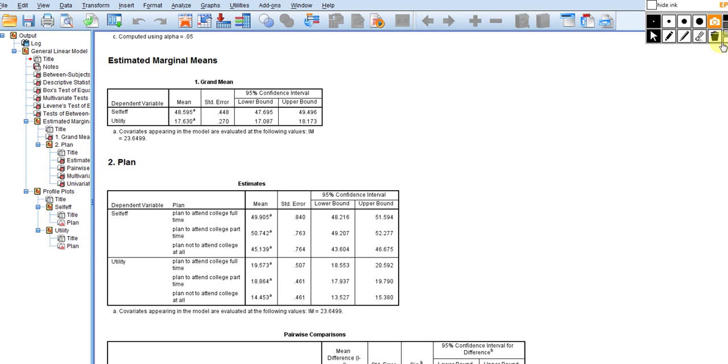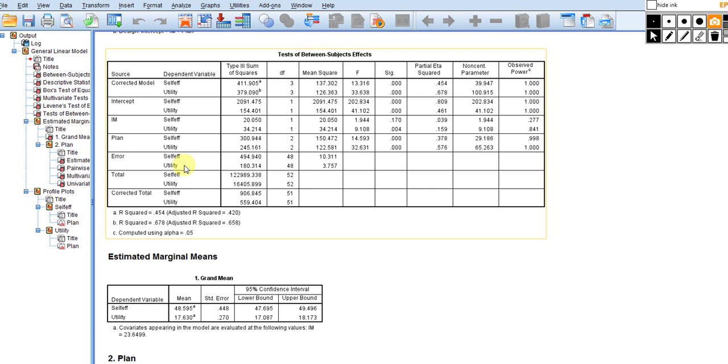So the tests, the MANCOVAs that we saw right up here, where we're testing group differences on self-efficacy and utility, that's testing differences on these adjusted means, or means adjusted for the presence of the covariate, as opposed to the means that we saw earlier, which were unadjusted for the presence of the covariate.